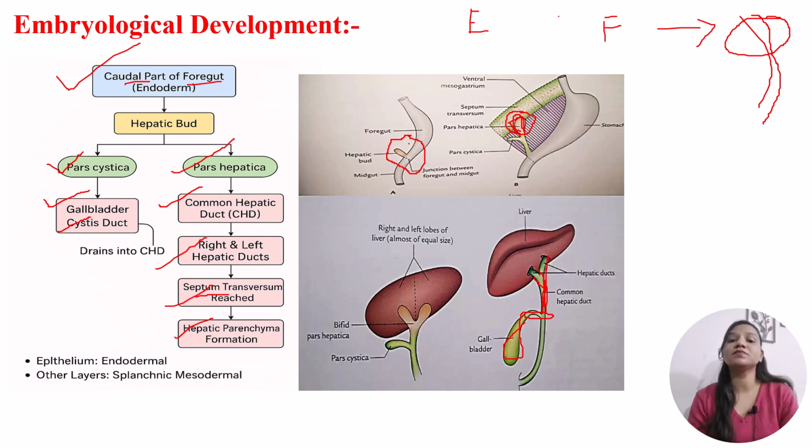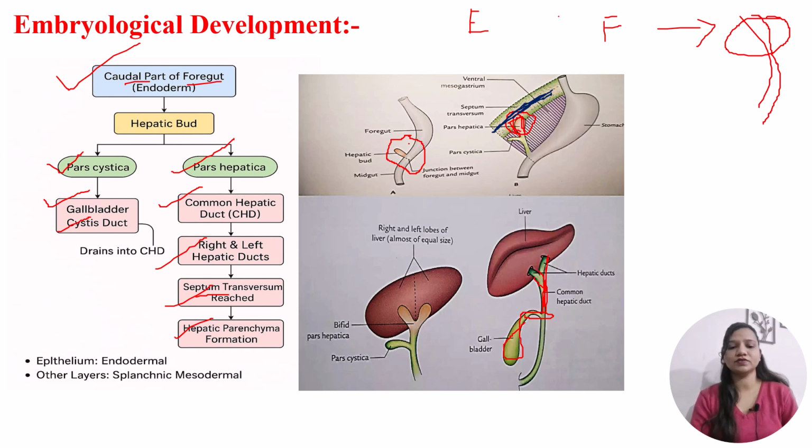It is mesodermal in origin, formed from the mesoderm, and it helps in the formation of the diaphragm and ventral mesentery. It is initially present between heart and liver in embryonic life.